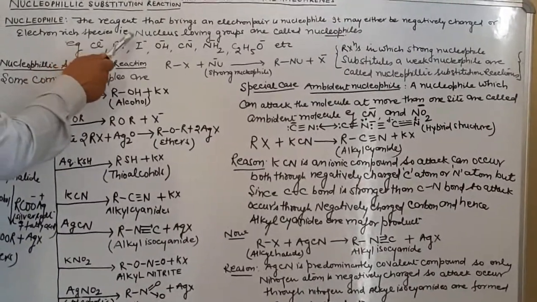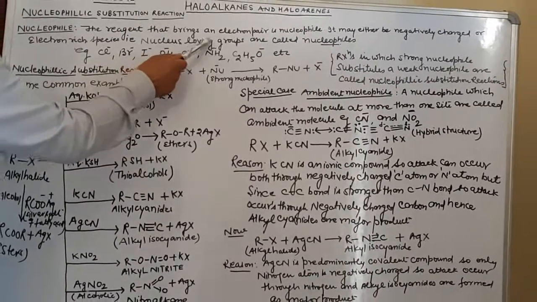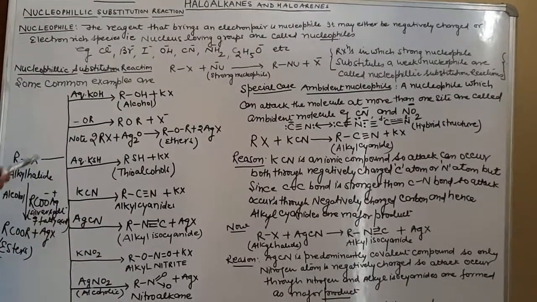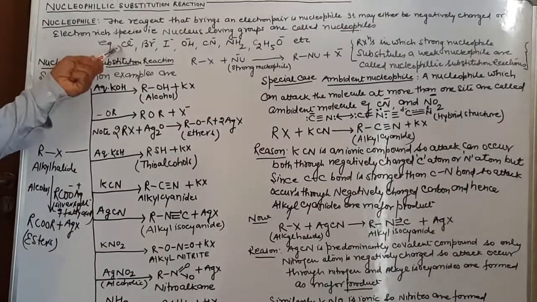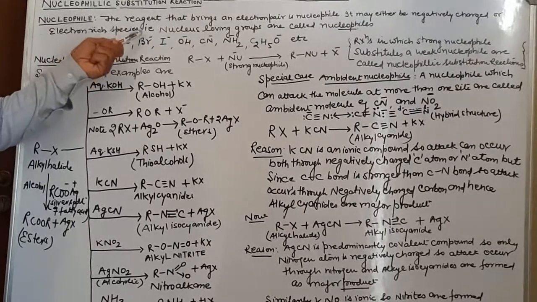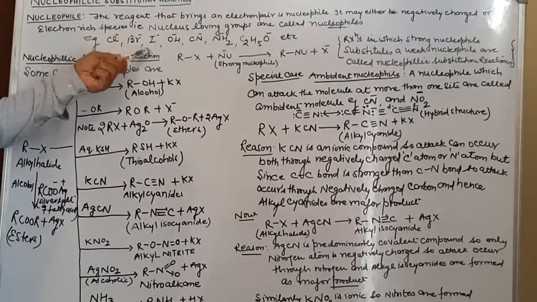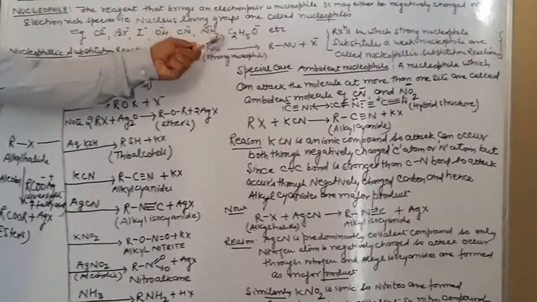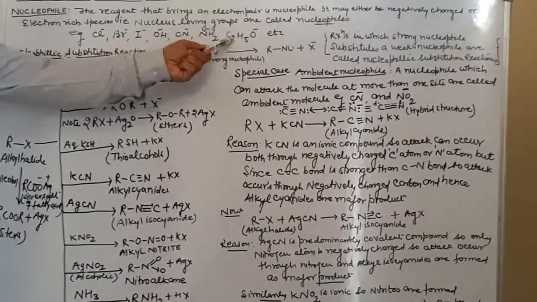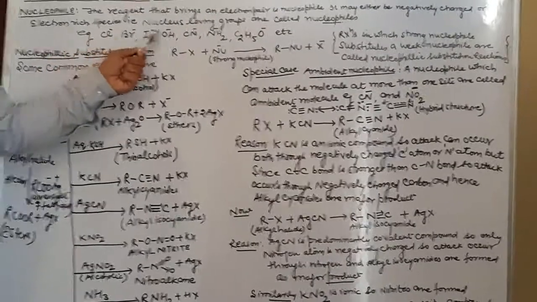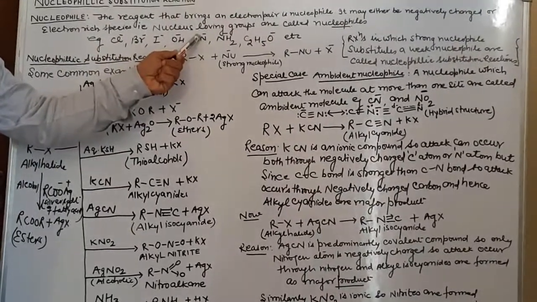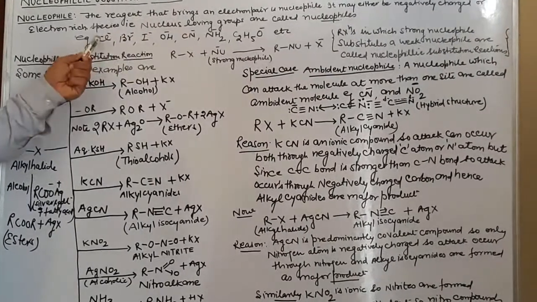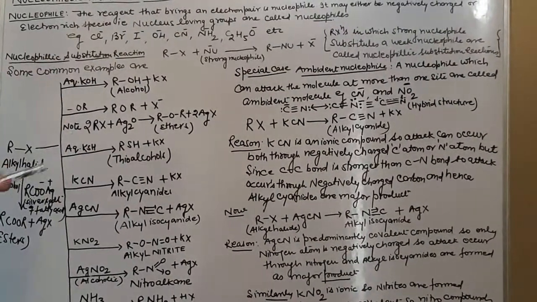Nucleophiles may be negatively charged, such as Cl negative ion, Br negative ion, I negative ion, hydroxide ion, cyanide ion, NH2 negative ion, alkoxide, that is ethoxide ion, etc. You see over here, they are negatively charged species. So when they attack, the substrate must be positively charged. That means they are nucleus loving species.